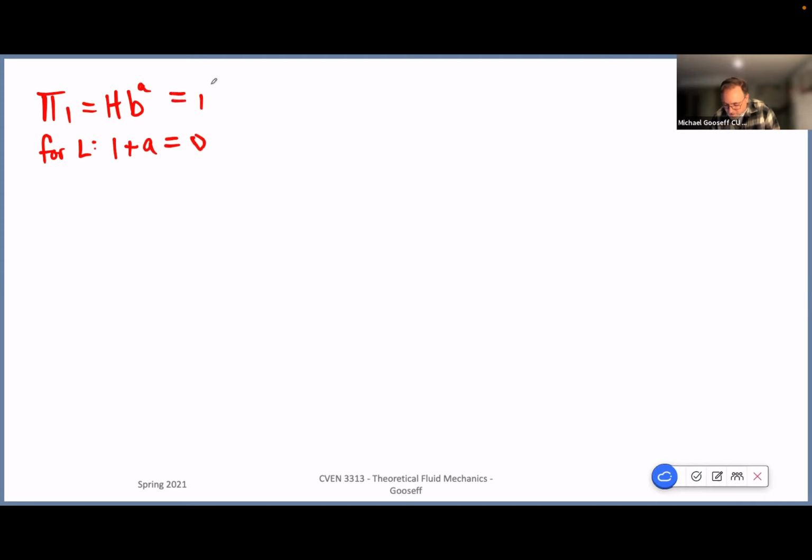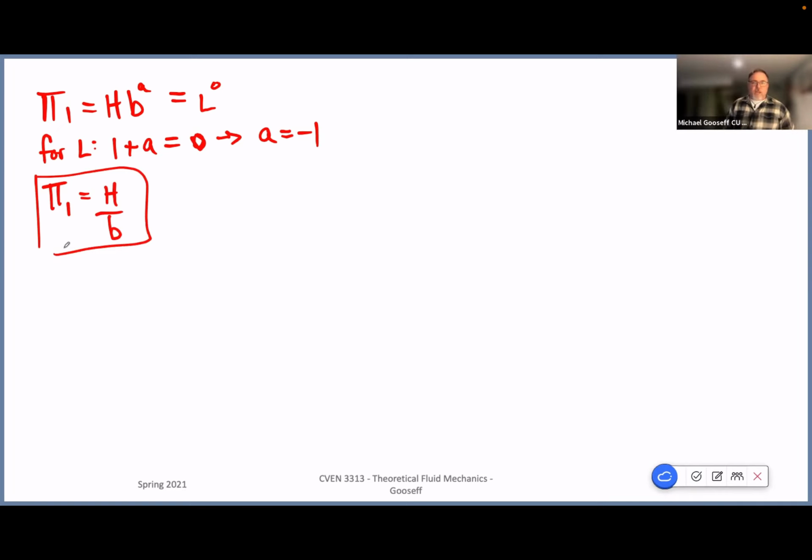Because this has to equal L raised to the 0 power. So a basically then is going to be equal to -1. So what that means then is that pi 1 is equal to capital H over B. Okay, does that make sense? So these are way simpler than the ones we've talked about to date.